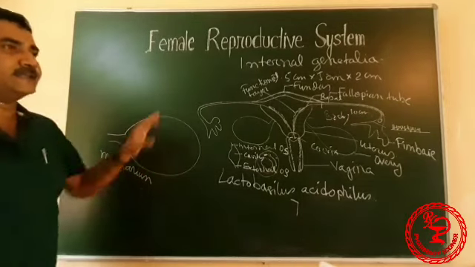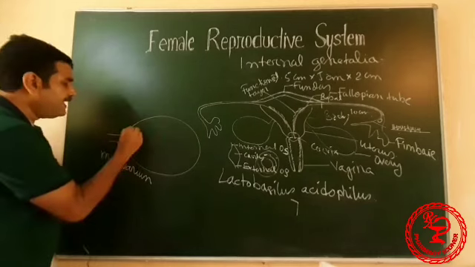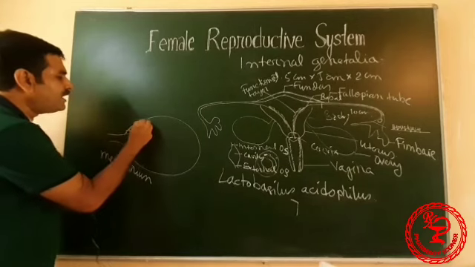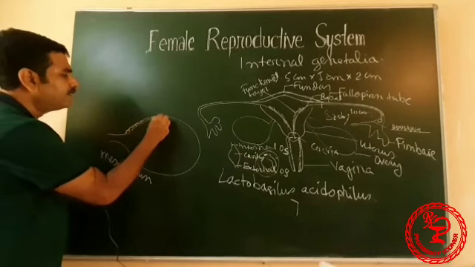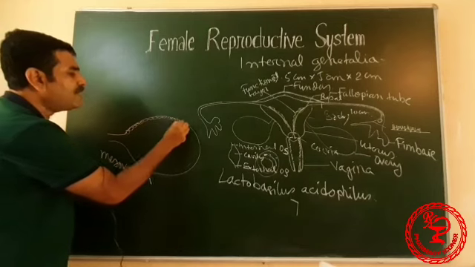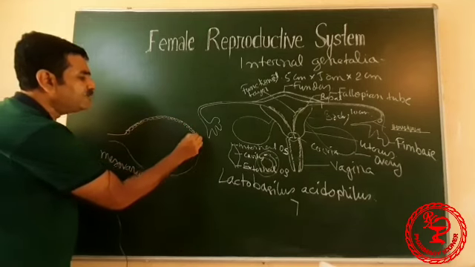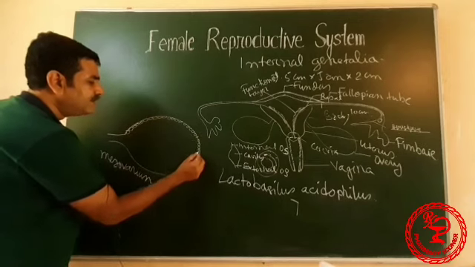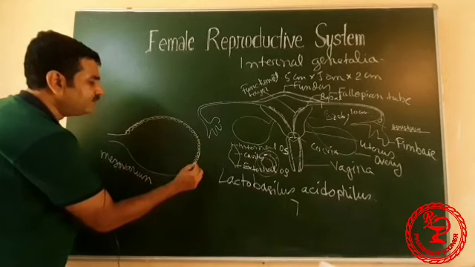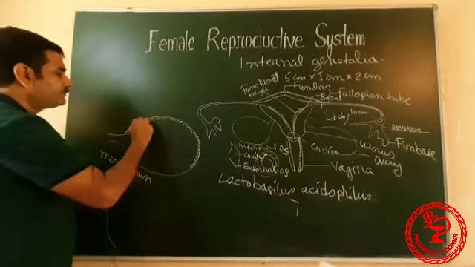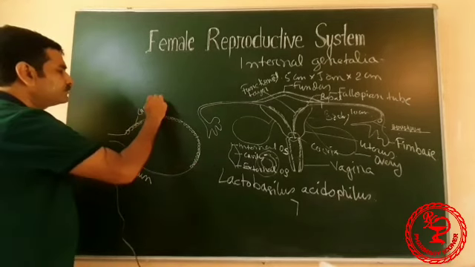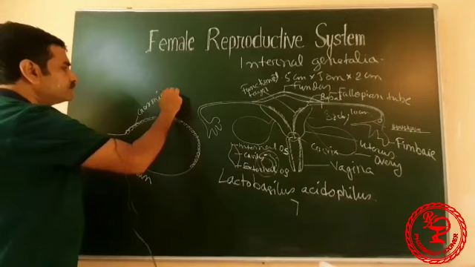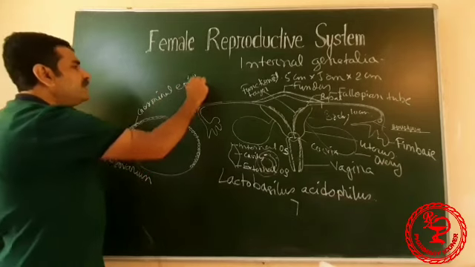In the cortex, the outer layer is formed by germinal epithelial tissue.